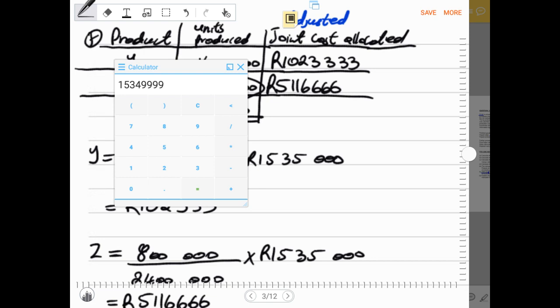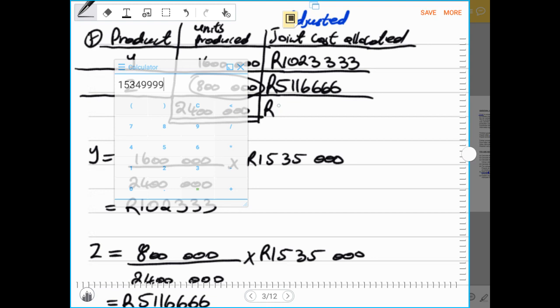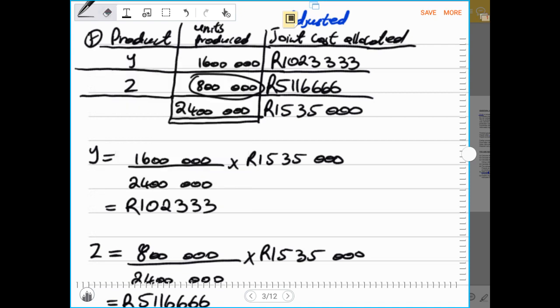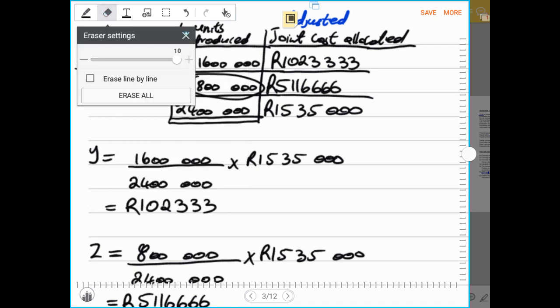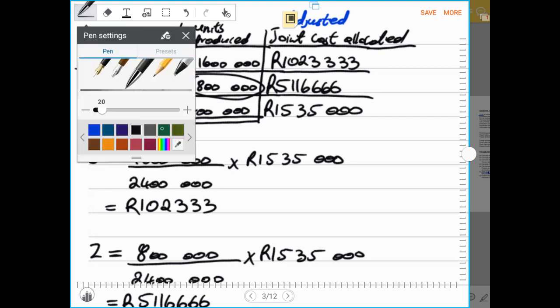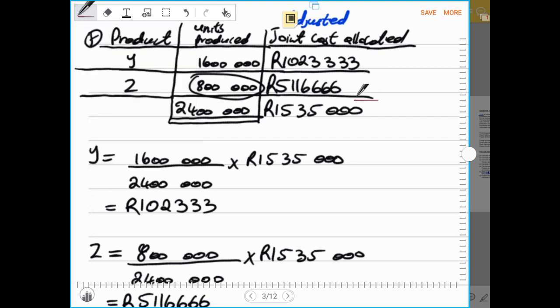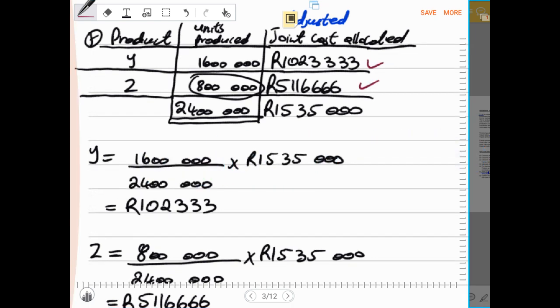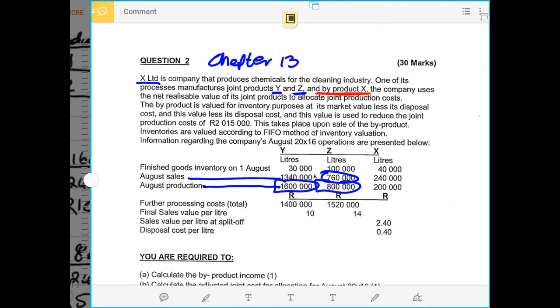That is because of the rounding off. Otherwise, it will round off to 1,535,000, because that is what we were required to allocate. So now that will be requirement F, which was the one before the last requirement.